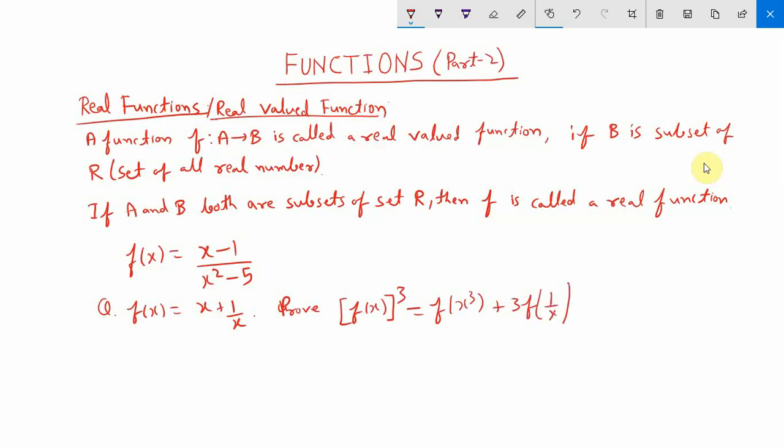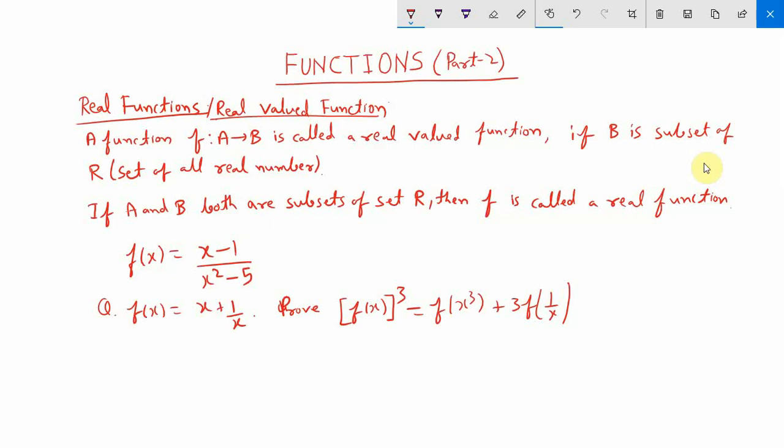So f(x) is given, we can find f(x cube) and f(1 by x), then we will substitute the value and can check whether both sides are coming equal or not. So see what we can do.